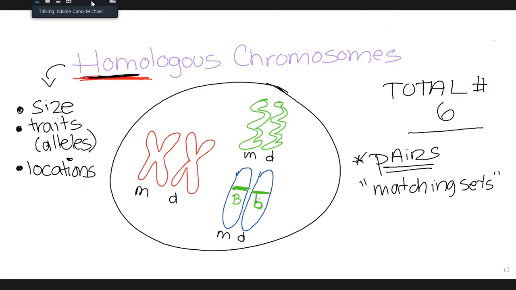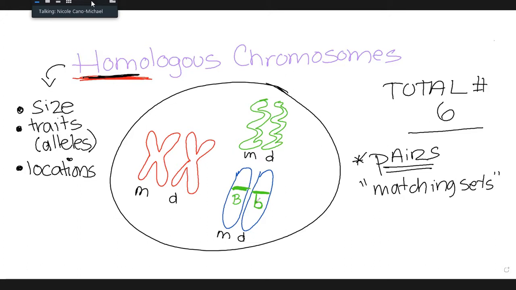But what you can see here is a set of homologous chromosomes. They are a pair. I have a matching set, and they are about the same size. They carry the same traits, even though those traits might be different, right? Because the mom's was brown, the dad's was blue. But it's the same trait, right? It's eye color. And it's located in the same spot on my chromosome.